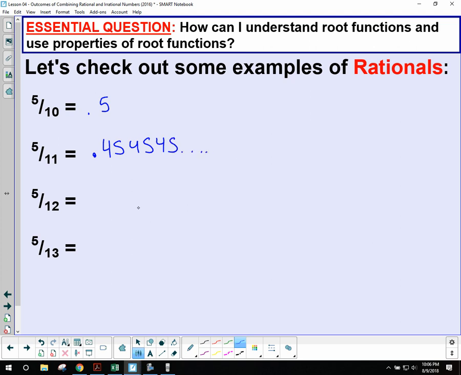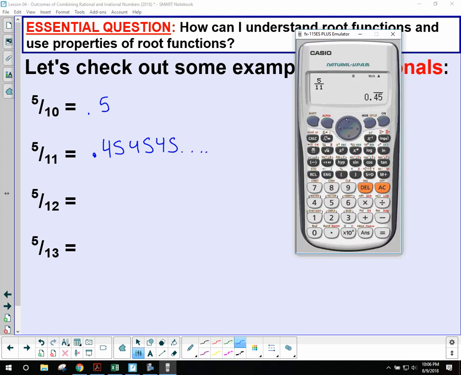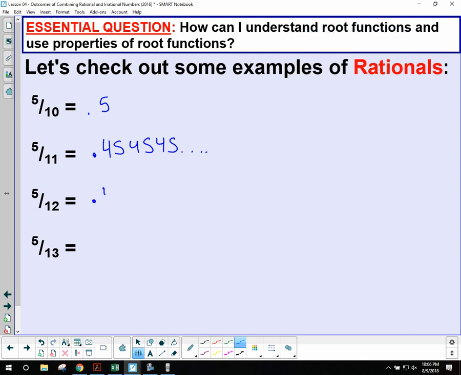Let's do 5 over 12. Now we get 0.41, and the 6 is repeating, so that would look like this: 0.41, 6, 6, 6, 6, 6, repeating.